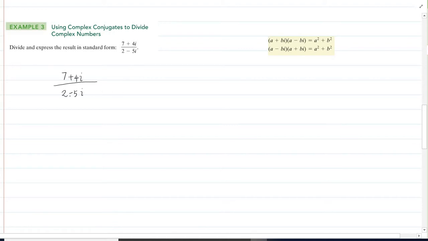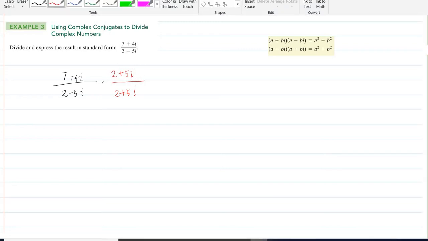In this case, we have 2 minus 5i, so we multiply by the conjugate, which is 2 plus 5i, over 2 plus 5i. Because you have to make sure you're not changing the expression. If we multiply the denominator by 2 plus 5i, then we have to do the same thing to the numerator.